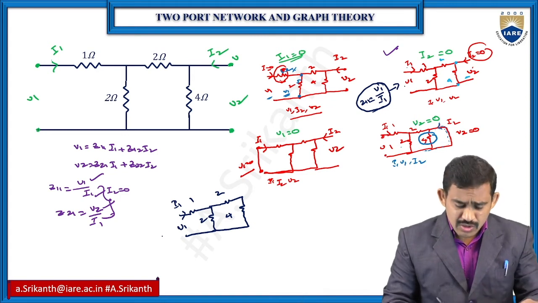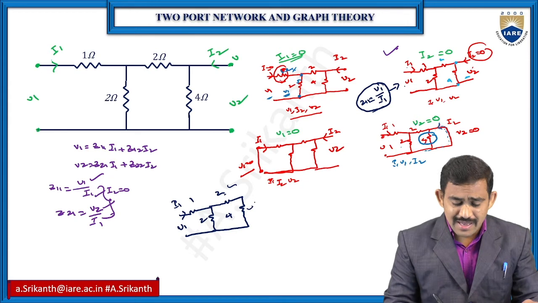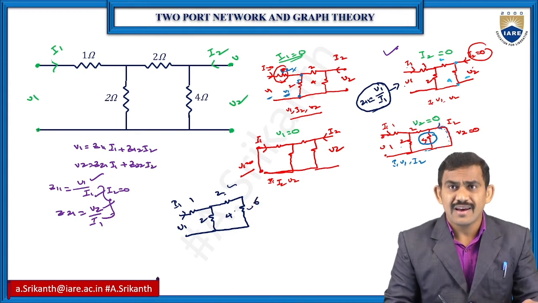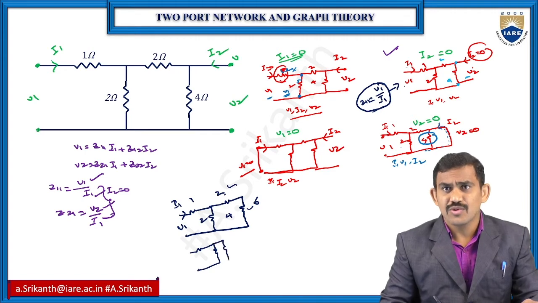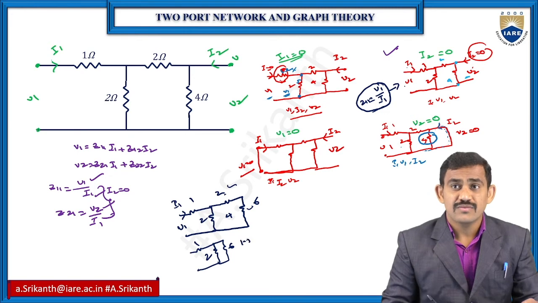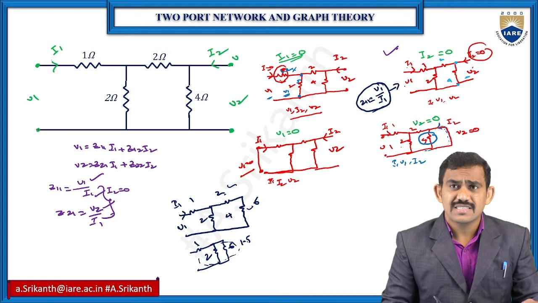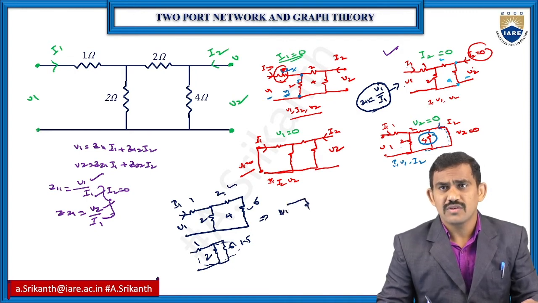V1 by I1 means if we have the equivalent value for this circuit, we'll get the answer. Here 2 ohms and 4 ohms are both in series. Series means we have 6 ohms. Then 2 ohms and 6 ohms are both in parallel. Parallel means we have 1.5 ohms, using the parallel formula. Then both are in series, so we have this circuit with V1 and only 1 ohm, that is 2.5 ohms.